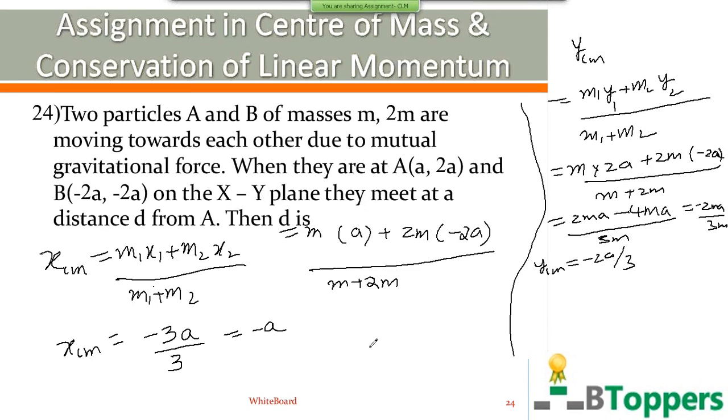So the center of mass of the system of the two masses lies in between the two masses, on the line. If A is the initial position of the first particle and B is the initial position of the second particle, let C be the position of the center of mass. d is the distance of the center of mass from the initial position of the first particle.